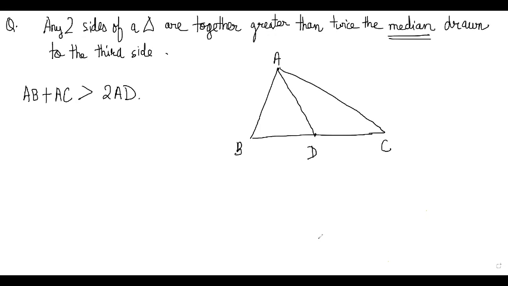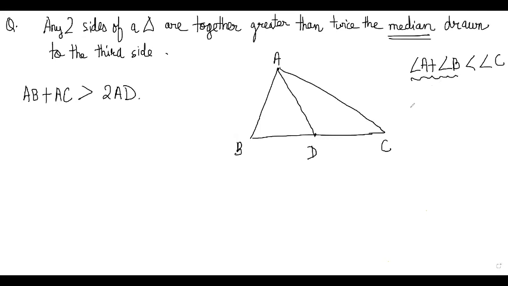One person is asking, sir, how will we prove that sum of two angles is smaller than the third angle? That is super easy, guys. If sum of two angles is smaller than the third angle, then what is the total sum of the triangle's angles? If angle A plus angle B is less than angle C, right? What will be the total sum of the triangle's angles?